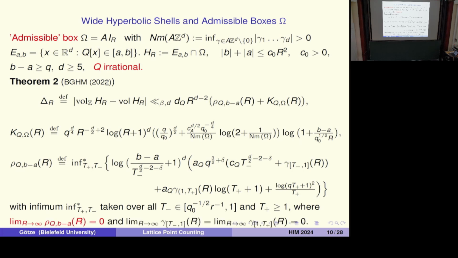So this goes to 0, and the two quantities on the second line also go to 0 if we have an irrational form. And we could make statements about properties of the matrix Q. If they are Diophantine, then we can specify a better rate here.